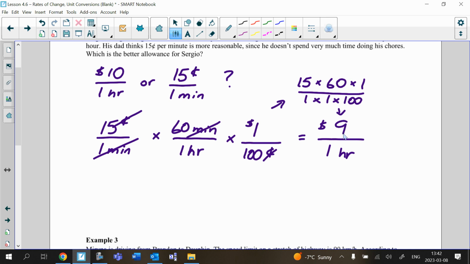So Sergio's offer is better, because when we changed his dad's offer to dollars per hour, it only worked out to 9, whereas Sergio is offering 10. Is better for him, I should say. Not necessarily better for his dad, although it's only $1.